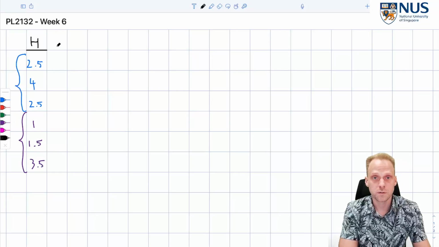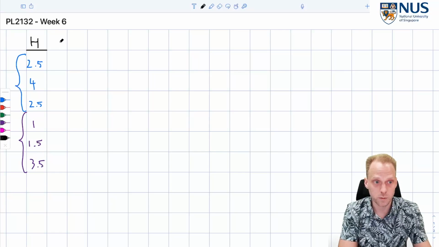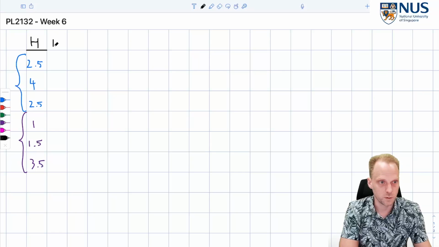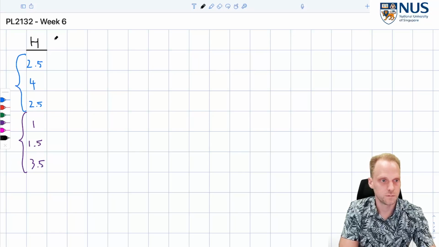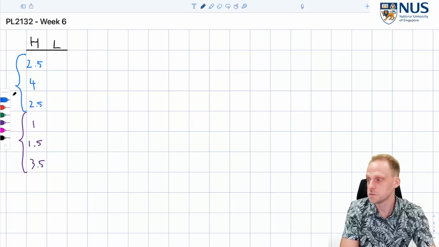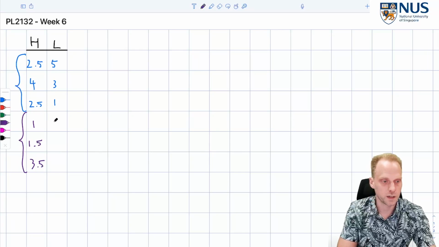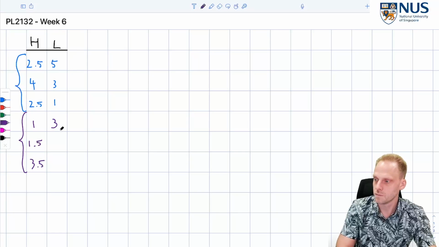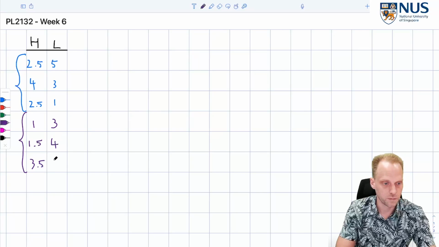Now I want to predict this from a predictor or X variable. Let's say we call that loneliness or L. Okay, so suppose that I measure the following loneliness: 5, a 3, and a 1 for the hamsters, and for the cats, a 3, a 4, and a 2.